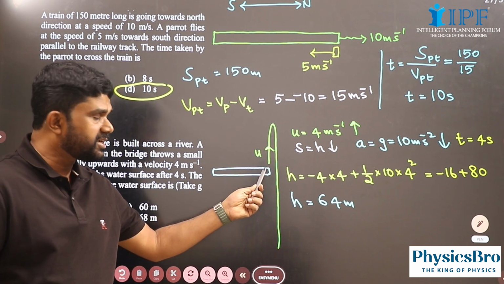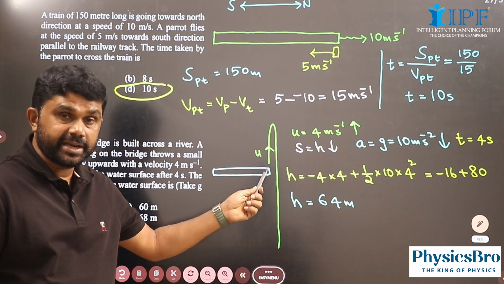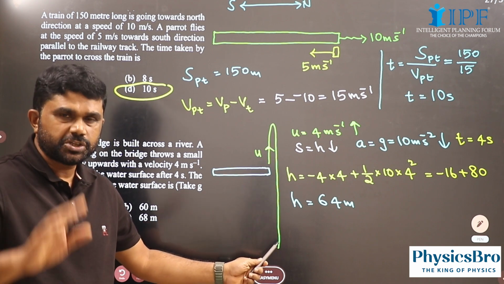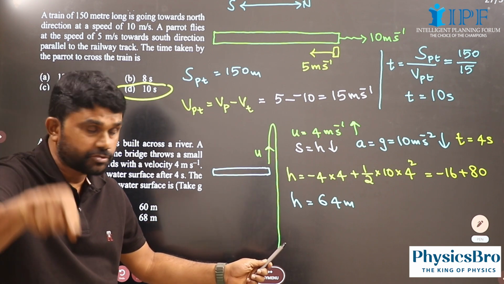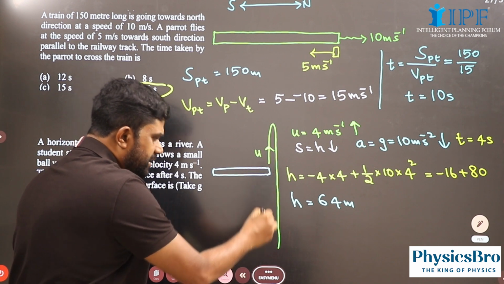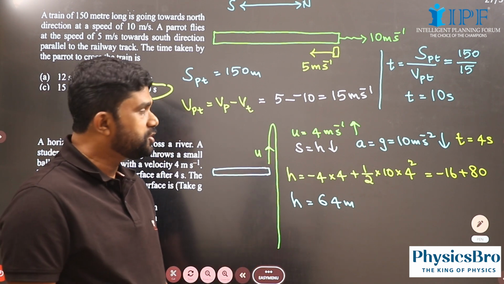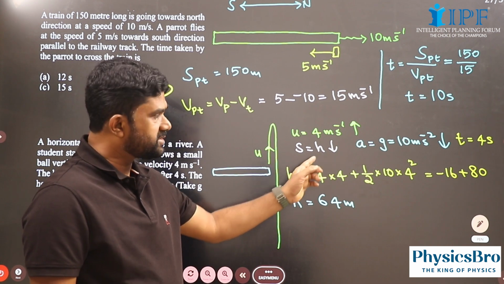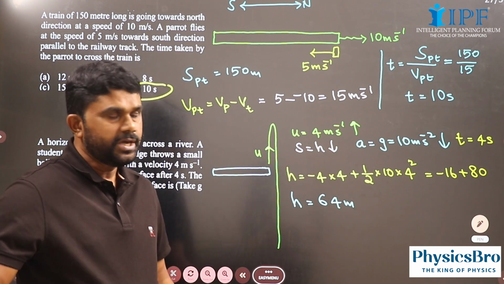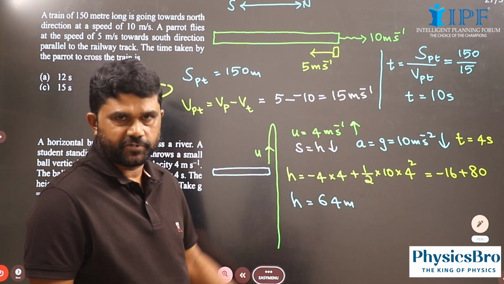See, the body started from the bridge and ultimately it strikes water. So displacement is downwards, and that is equal to height of the bridge. I have written here, S equal to H, directed downward. Initial velocity is directed upwards.